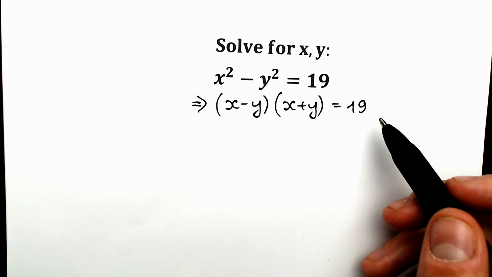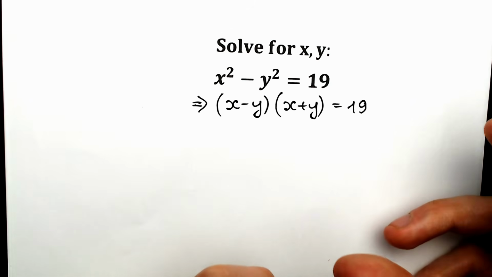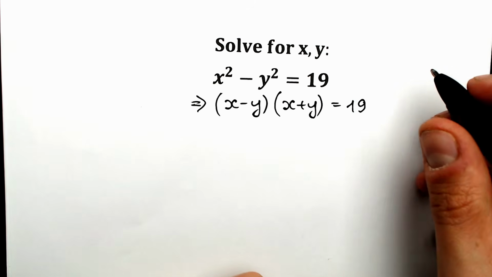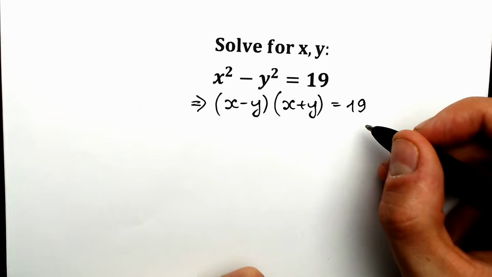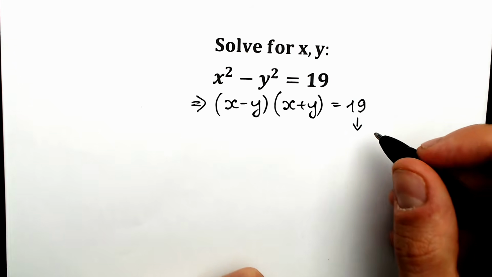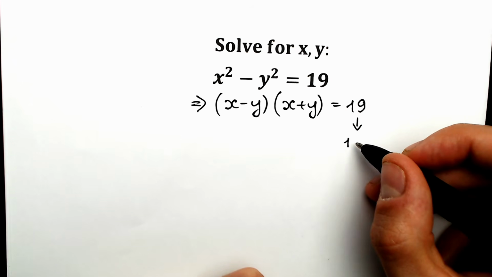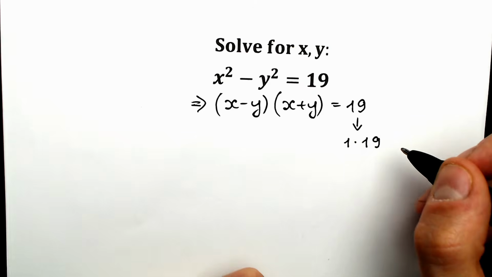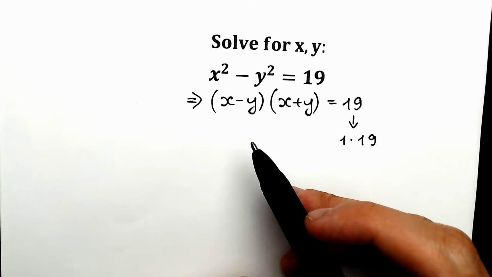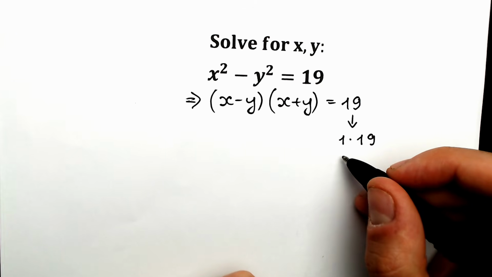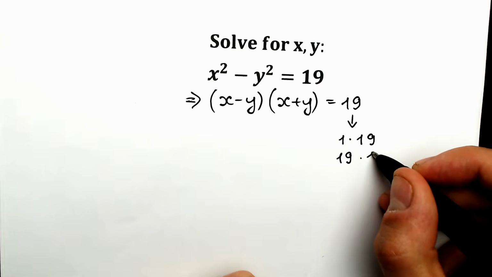19 is a prime number, so there are not a lot of cases for how we can express this 19. We have only two positive cases: 1 times 19, but in the same way, because we have multiplication, it can also be 19 times 1.